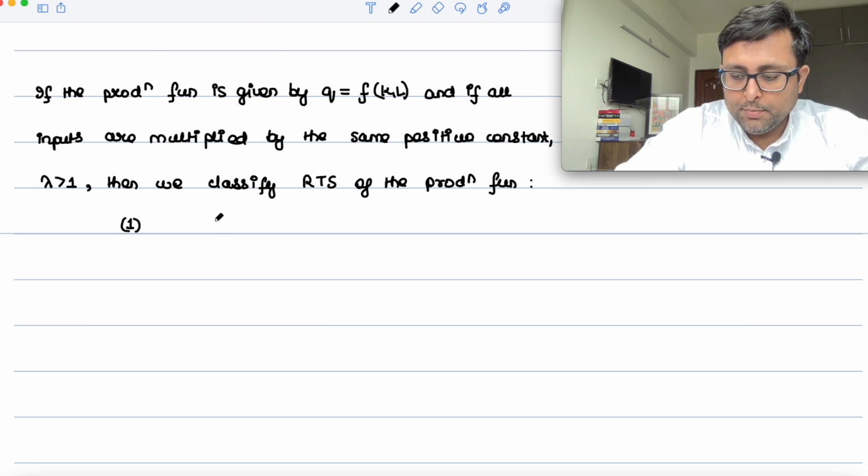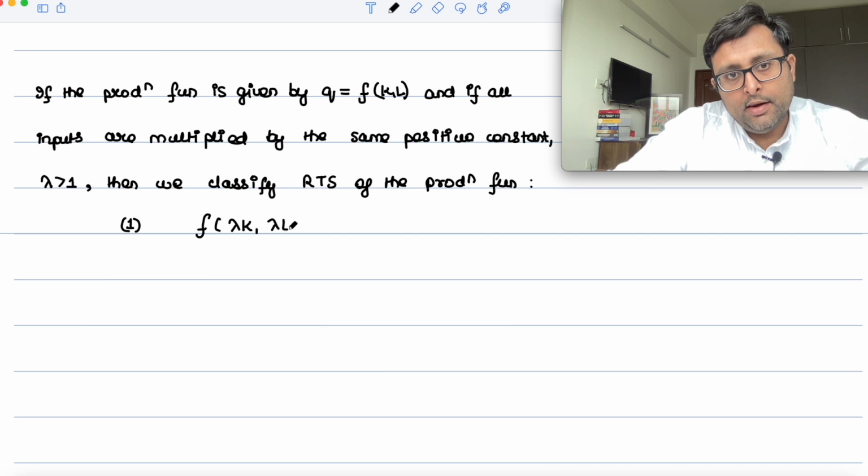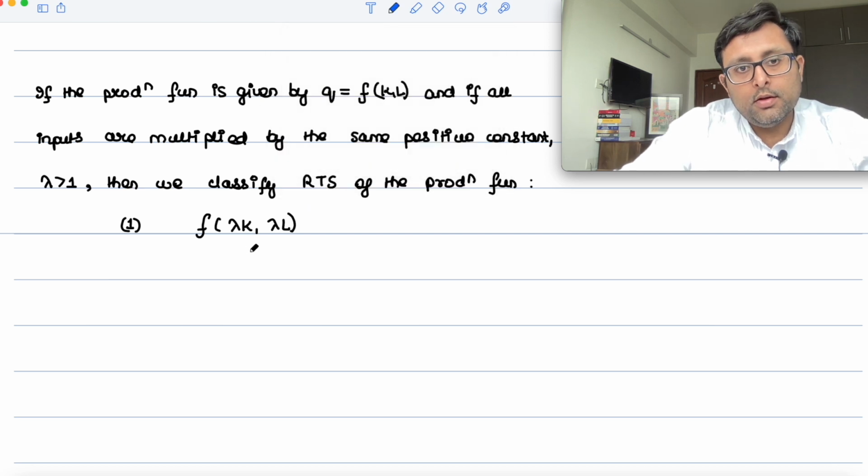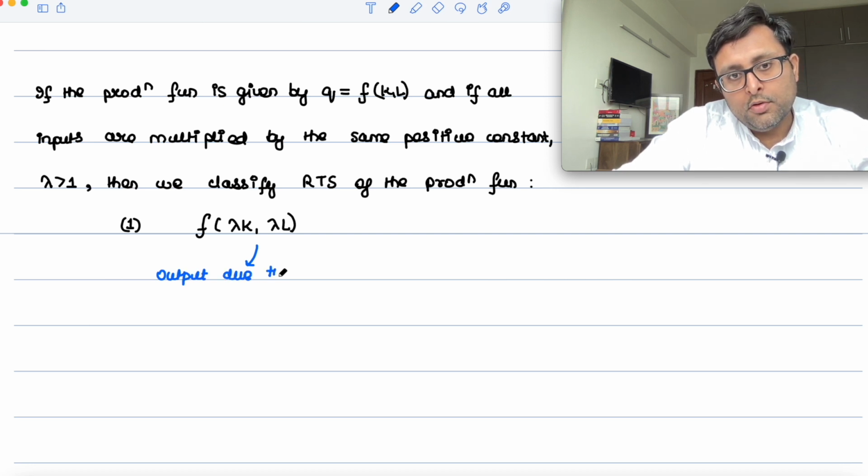You have the production function Q equals f of K, L. You increase K and L both by lambda. This is going to give you the output due to the doubling of inputs.